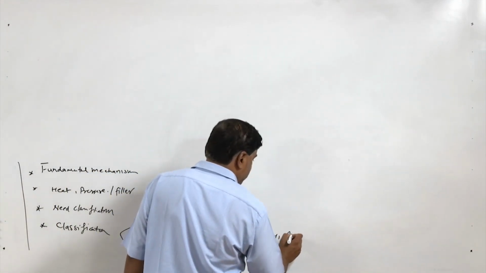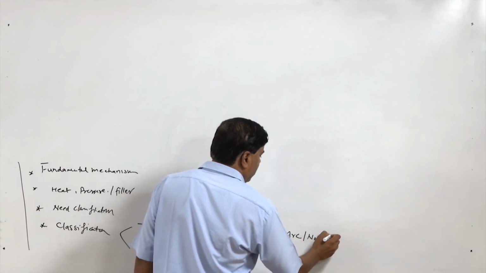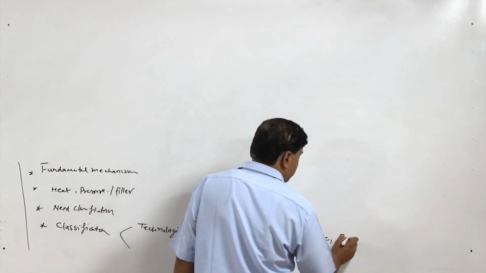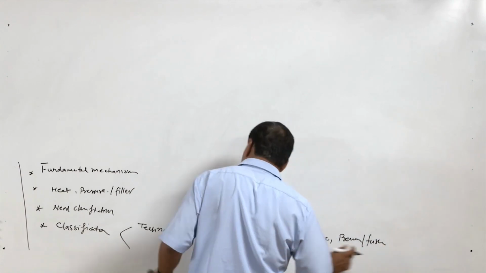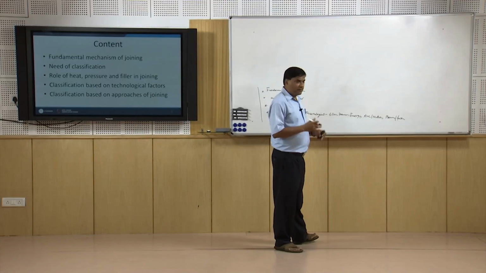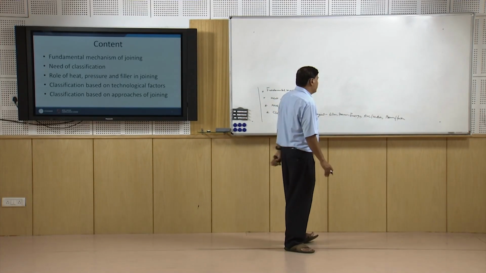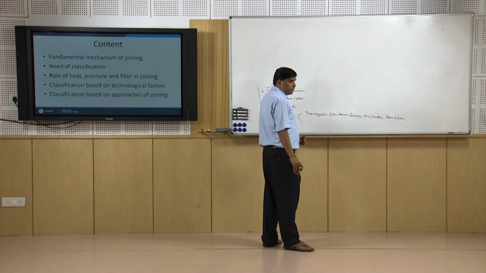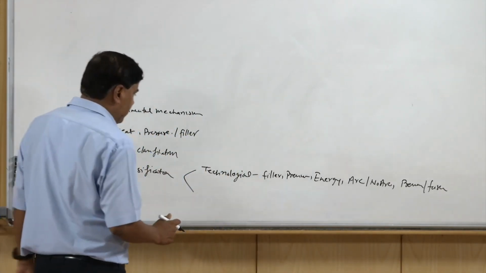Then there is whether it is an arc or no-arc process, and the pressure and the fusion. So, these are the technical factors: whether the pressure is being used or melting is achieved, whether an arc is being used for developing heat or not, the kind of energy being used, or whether filler is used or not. The classification based on these is the technological factors.